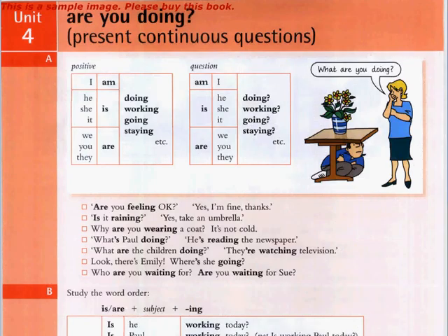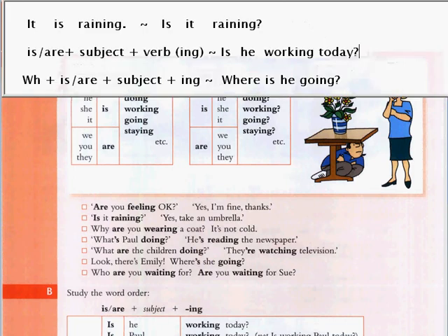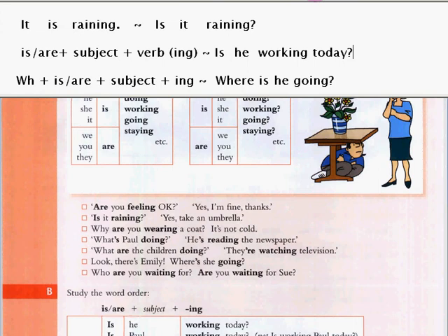Do you remember Part 1 of our lesson in Unit 4? We are studying making questions in the present continuous form. Let's have a little review of our Part 1, okay? I told you that we can also make questions using the present continuous form in these 3 ways.